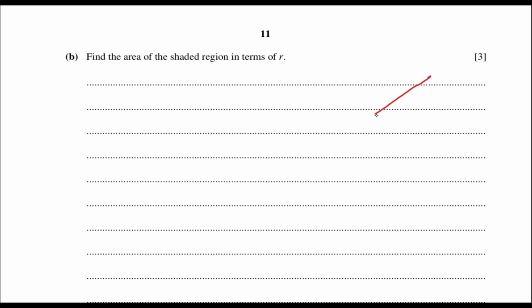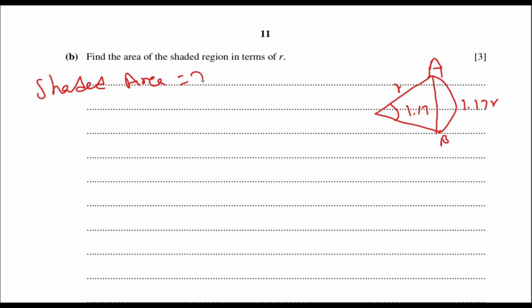So first of all, we are going to make a sector. It will be like this, and we have angle theta 1.117, and this point is A and this point is B, and we have this side calculated 1.17 r, and this is our r. So shaded area will be equal to, here is a triangle, shaded area is equal to 2 times area of sector minus area of triangle.